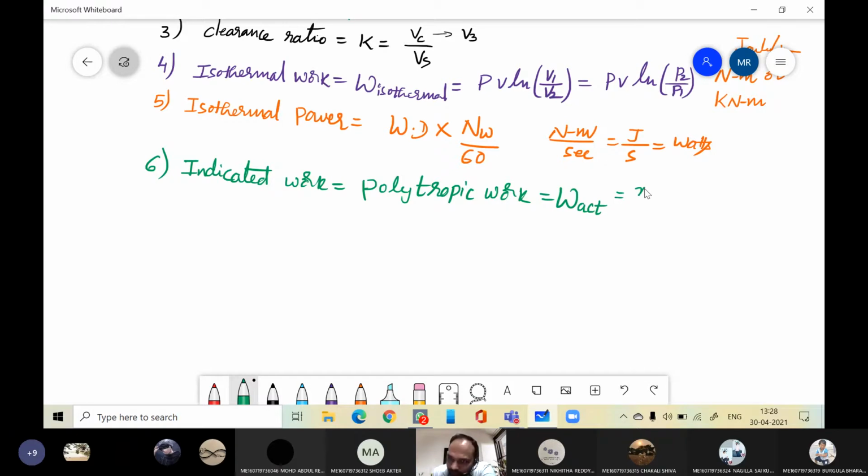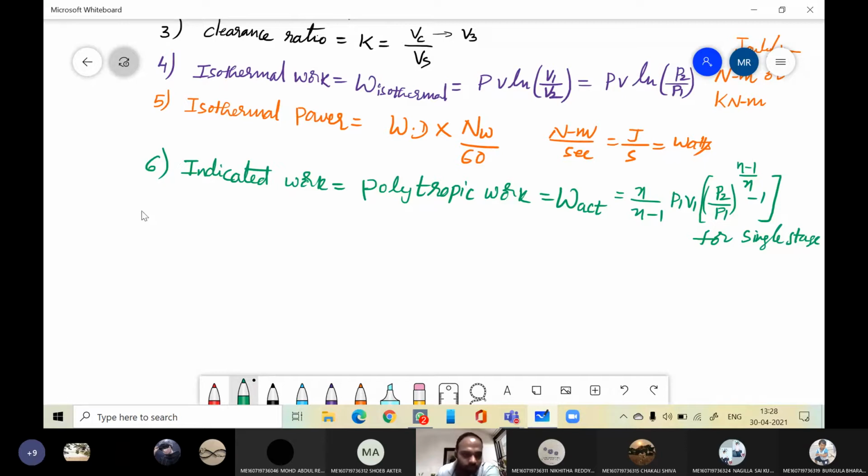Indicated work W = n/(n-1) P1 V1 [(P2/P1)^((n-1)/n) - 1]. This is for single stage. This is the indicated work, polytropic work.